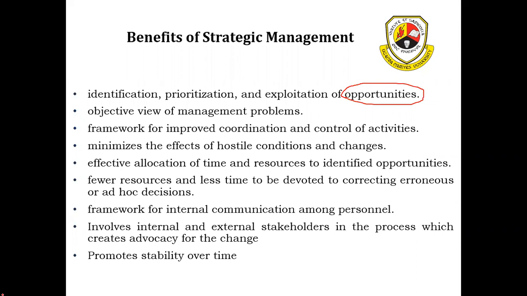Even if it's not profit-oriented, if it's looking at social development, there's still some growth you're expecting. So you're also looking for an opportunity to exploit, an opportunity to prioritize. So that's one of the benefits.